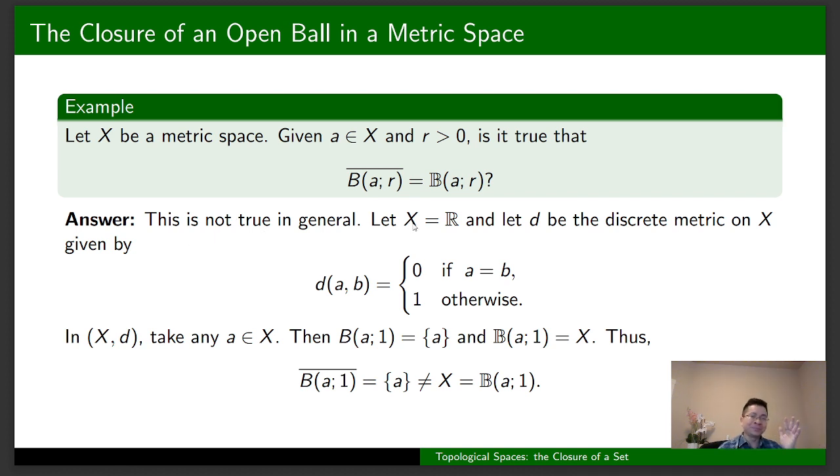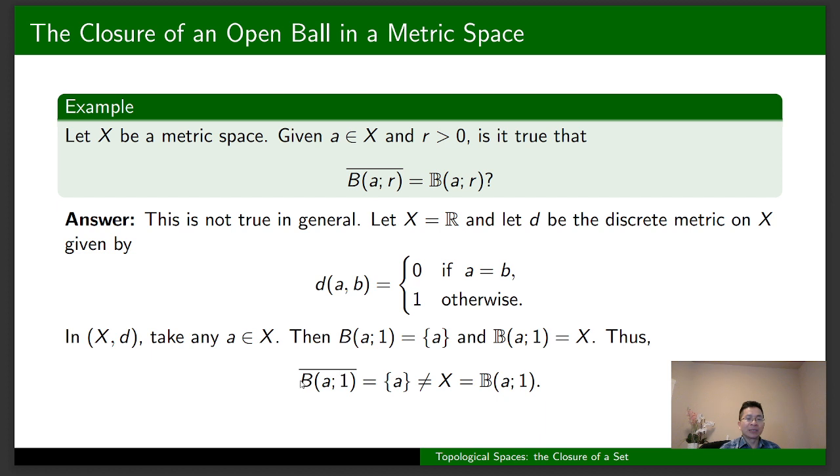Let X be R and let D be the discrete metric on X given by this formula. I'm going to put a link in the description below so that you know more about this metric space. In this metric space, the open ball with center at A and radius 1 is a single point set, while the corresponding closed ball is the entire space X. In this metric space, every set is both open and closed.